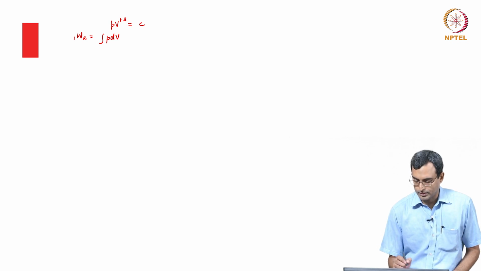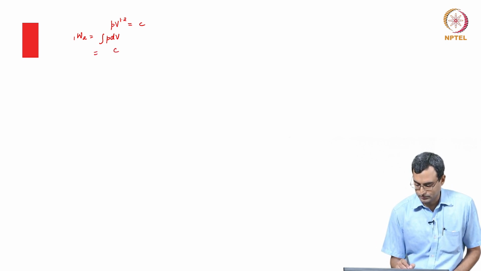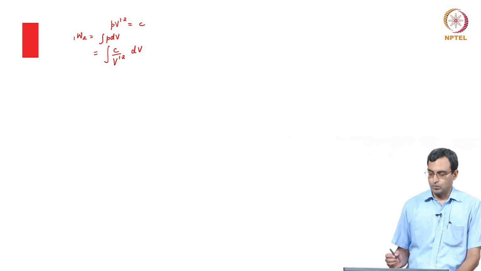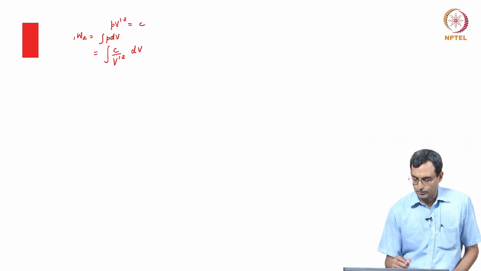In the case of P, we can put C by V power 1.2 and we can integrate this to get an expression for the work. We have done this earlier.